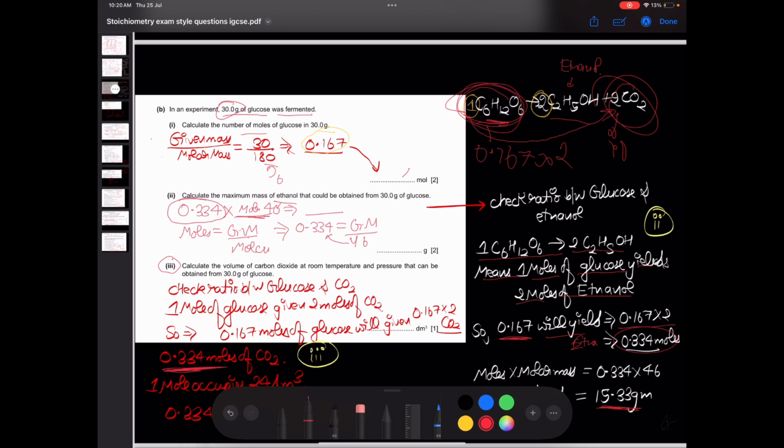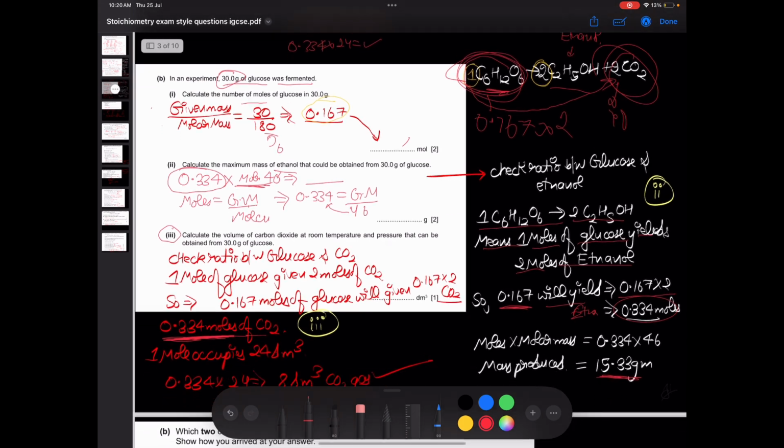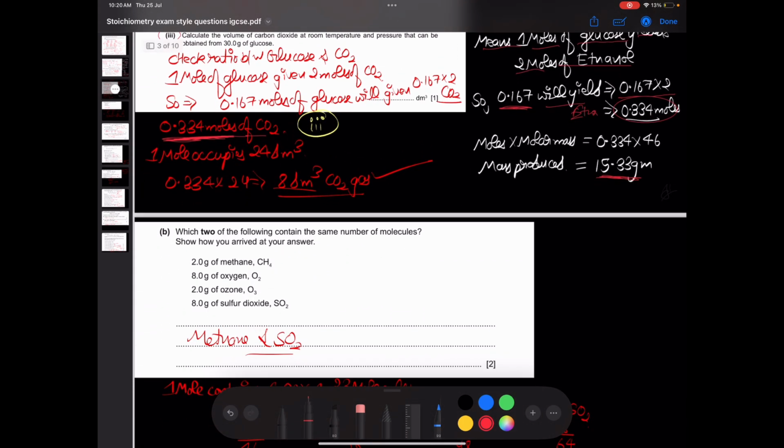See, I have written on the bottom left 0.33 moles of CO2. Now we simply need to recall one fact, that 1 mole contains 24 decimeter cube. So 0.334 moles will contain 0.334 times 24 decimeter cube. Right? So that will get you the answer. Okay? Right. So this question is done as well.